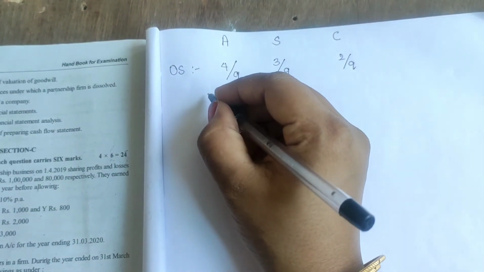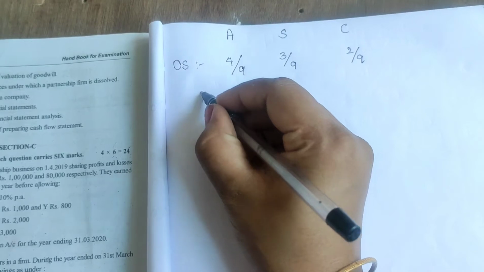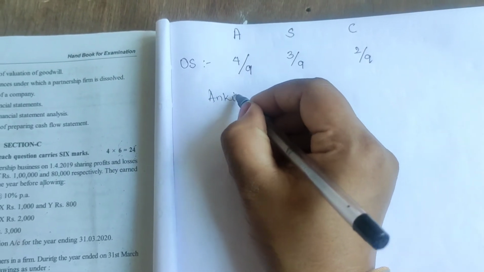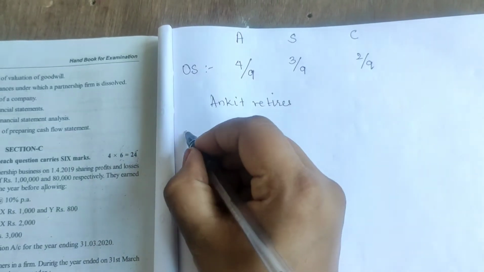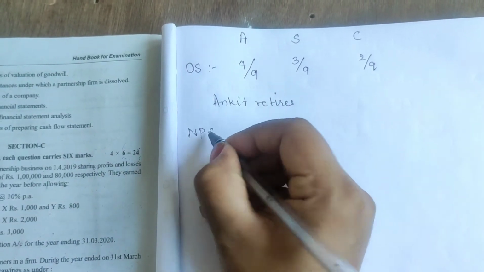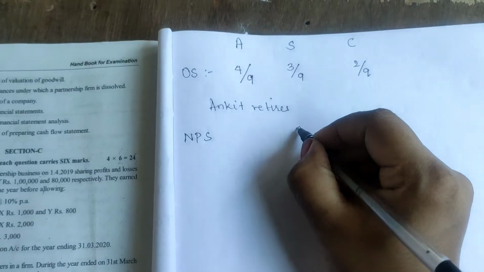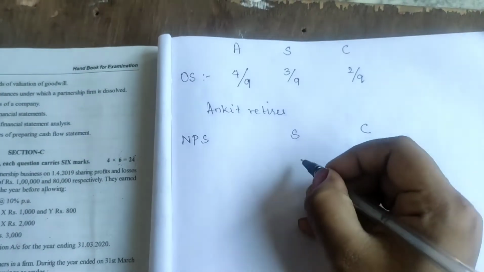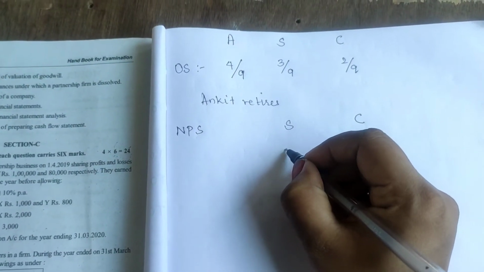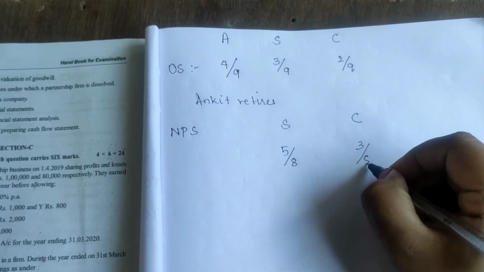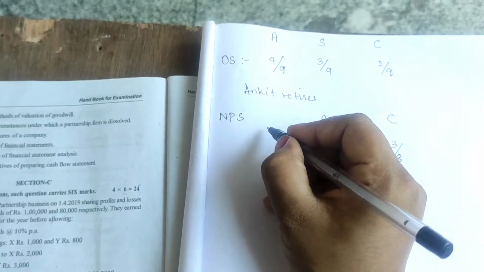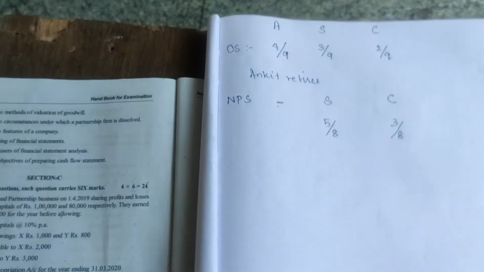Now who retires? Ankit retires. Now new profit sharing ratio of Suchit and Chandru is 5/8 and 3/8, because Ankit has retired.